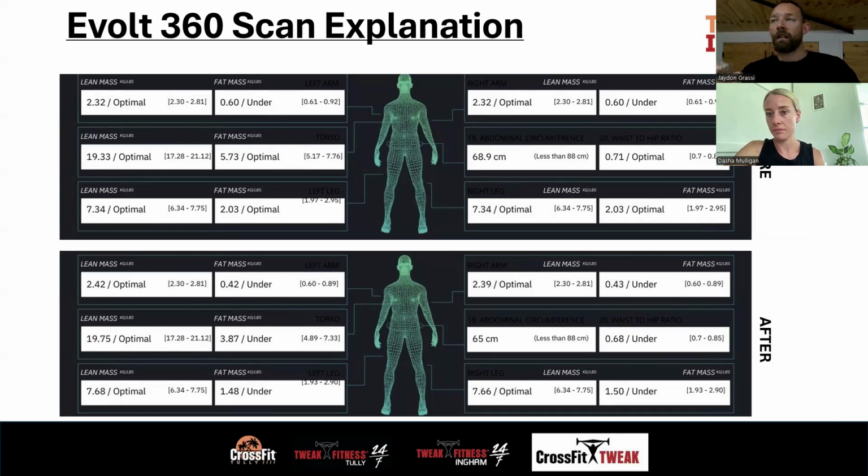Dasha, I know you see more of these than I do, but I think if you see an increase in muscle mass, you usually see a decrease in body fat. They usually go hand in hand, right? Yeah. Very rarely would you see both increasing at the same time. It might happen, but that person is probably doing that on purpose.